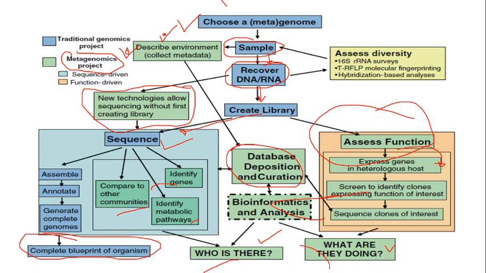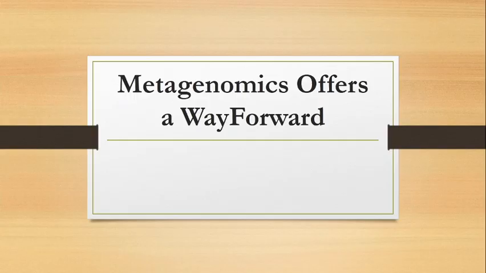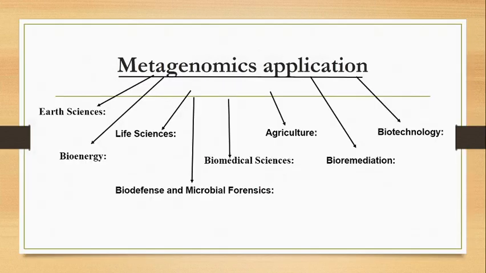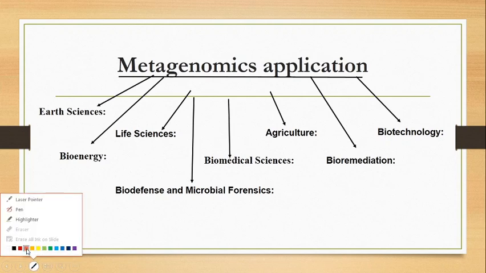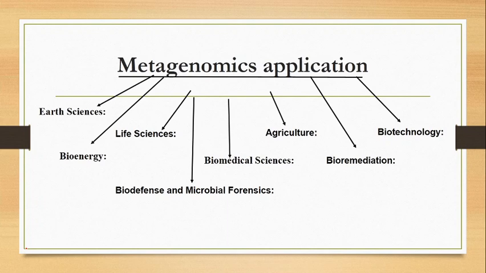By learning about these unculturable microorganisms directly from the sample, what are the benefits, and how will understanding this process help us in different fields? This is what is called the application of metagenomics. If we see, metagenomics has applications in overall everything that has aspects in your life.